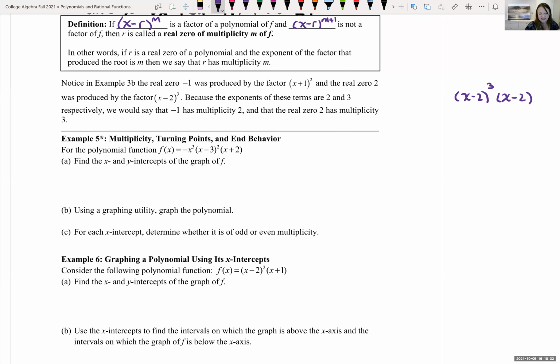So in this case, x equals 2 is a zero with multiplicity 4. In other words, if r is a real zero of a polynomial and the exponent of the factor that produced the root is m, then we say that r has a multiplicity of m.